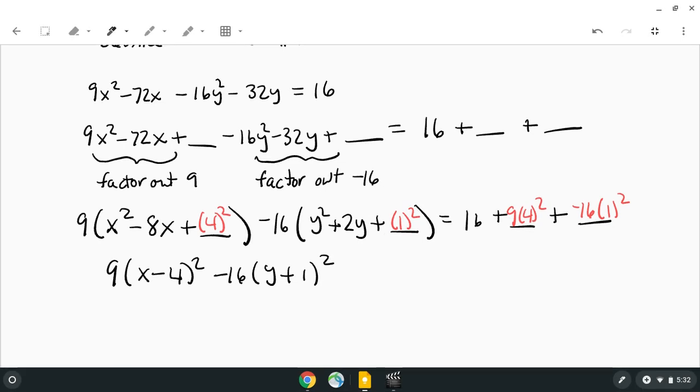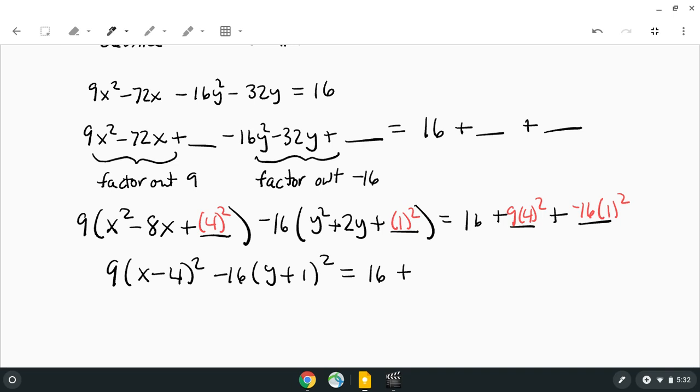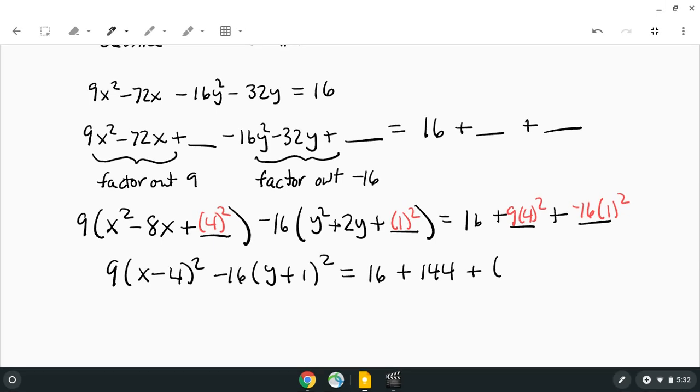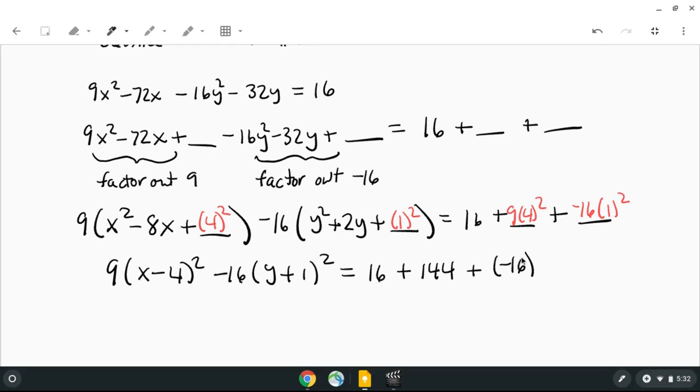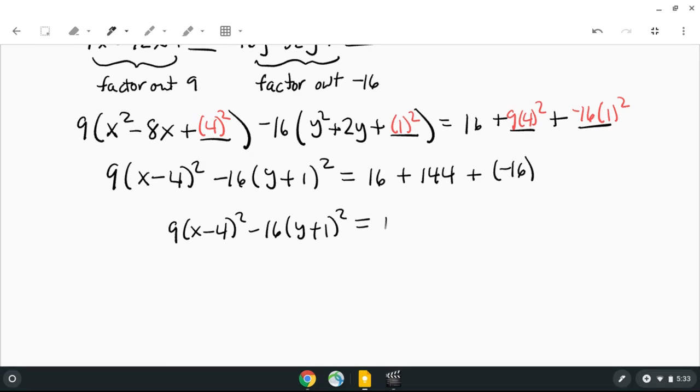Over here, we end up adding 9 times 16, which is 144, plus negative 16. Oh, that makes it nice, these two cancel out. So we get 9 times x minus 4 squared minus 16 times y plus 1 squared equals 144.